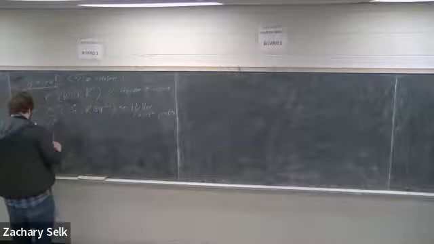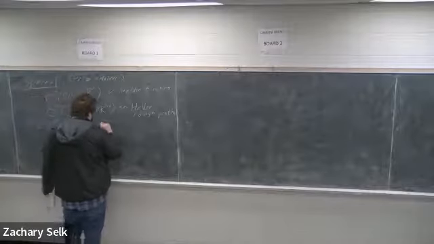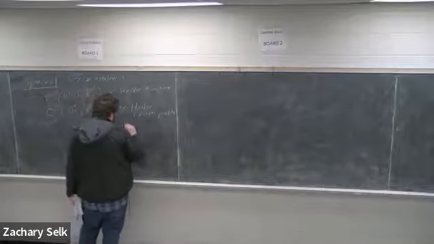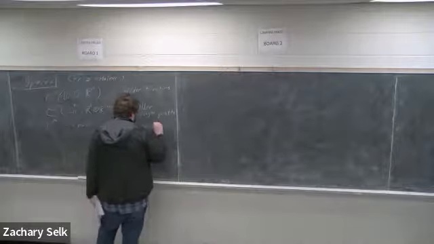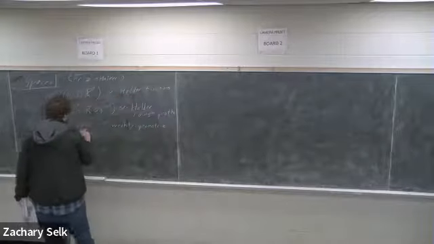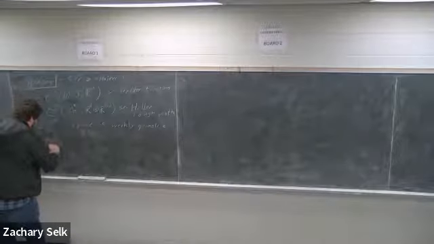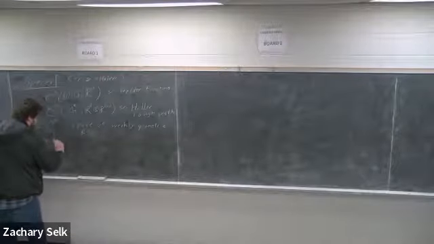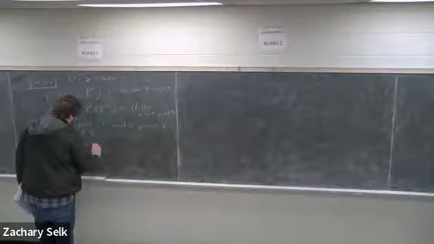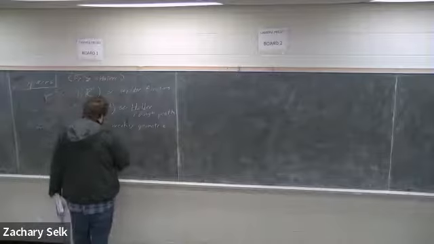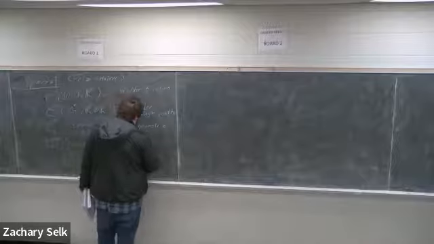CG alpha is going to be the space of weakly geometric rough paths, and CG0 alpha is going to be the space of geometric rough paths.